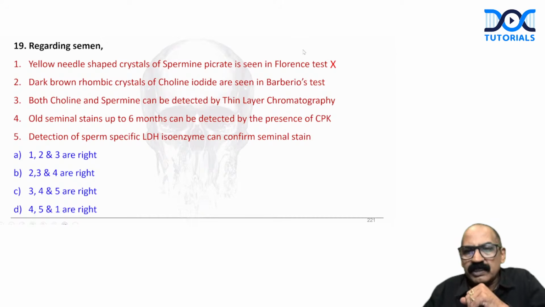Dark brown rhombic crystals are seen in fluorescence test, not in Barberio test. Both choline and spermine by thin layer chromatography, yes. Old stain up to 6 months by CPK. Sperm-specific isoenzyme is a definite confirmation of seminal stain. So answer A, 3, 4, 5 are right.